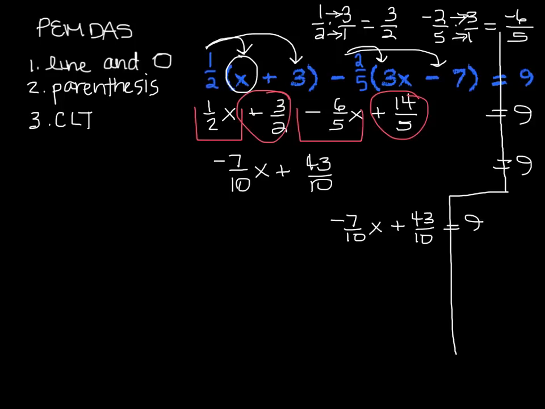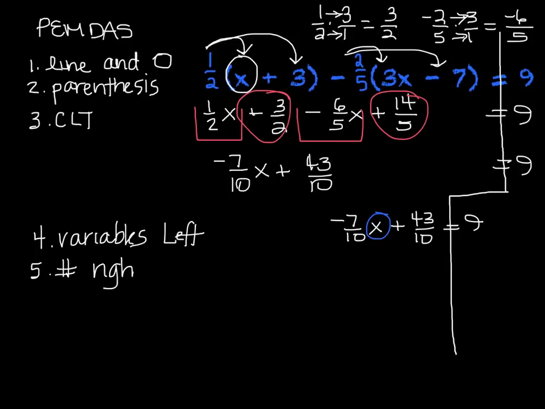And now I'm going to do step number 4. I'm going to move my variables to the left. Well, the only variable I have is right here. It's what I'm solving for. It's already on the left, so I don't need to do this step. The next step is to move my numbers to the right.